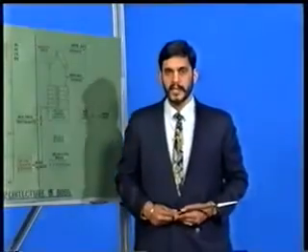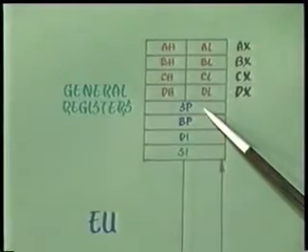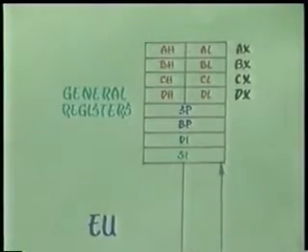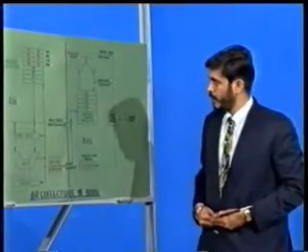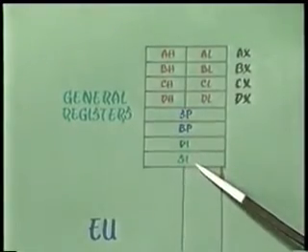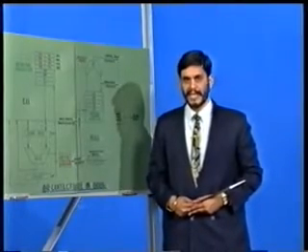The two pointer registers used in 8086 are the stack pointer SP and the base pointer BP. These are used to access data in the stack. The destination index register DI and the source index register SI are used for indexing, another new concept introduced in 8086.